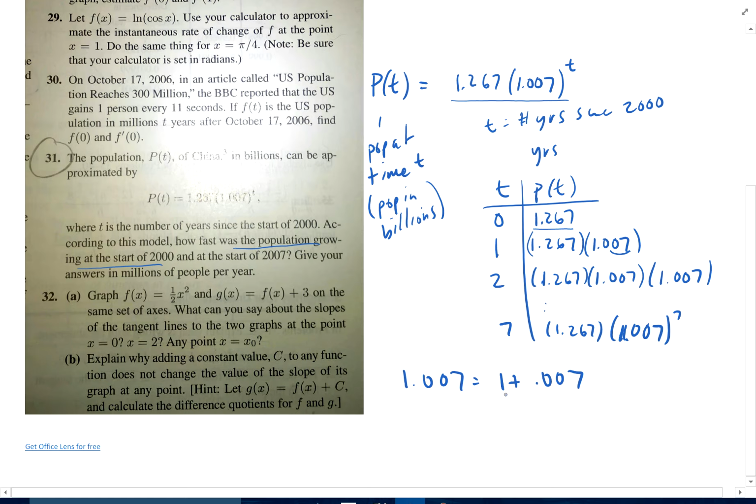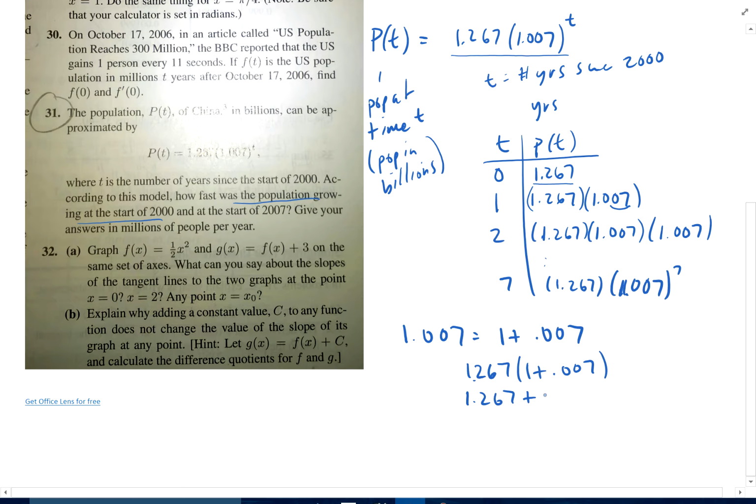So when I multiply 1.267 billion times this number, think about what's happening. That's 1.267 plus 1.267 times 0.007. Yeah, this is not calculus we're using. What increase is this? This is an increase of, if I move the decimal over, 0.7%.